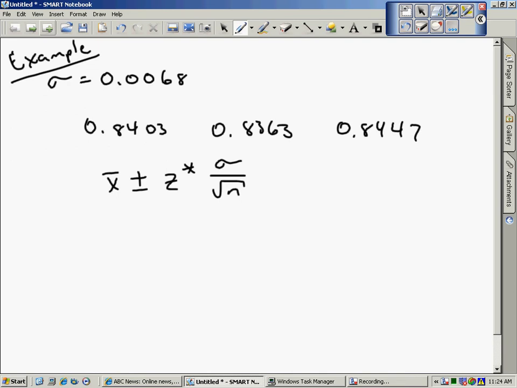First of all, for this problem, we need to find out x bar. Well, since you know the three observations, simply put them in your calculator, add them up, and divide by 3. Do that on your own while I do it on the overhead.